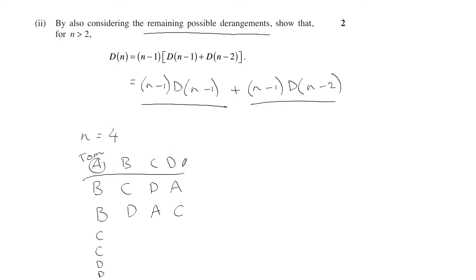So B, C, and D, they have to do a derangement. So that's n minus 1 people, and they have to do a derangement. So you get d of n minus 1. So it's n minus 1 choices for what hat Tom gets, and then with the n minus 1 remaining people, they have to do a derangement, because whoever Tom swapped hats with can't keep that hat, because that would give you one of those ones from part 1. So that's how that works.